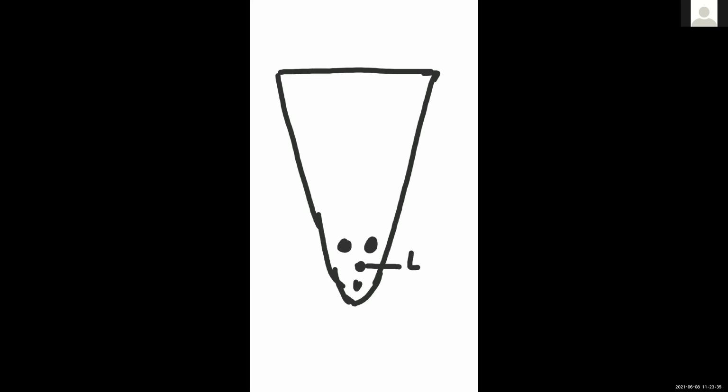Means 4 bars of 16 mm dia are provided at the apex of the beam. Means we have a triangular inverted beam, and 4 bars of 16 mm dia reinforcement are provided at the apex, right?